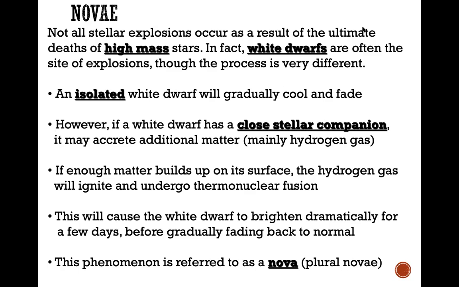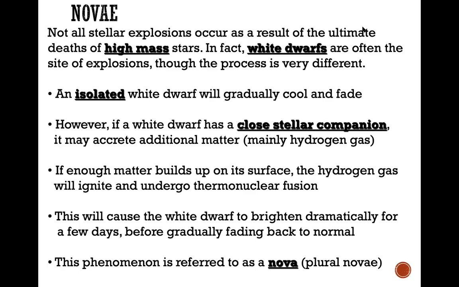So what will happen is, when you have a white dwarf star and a close by star, so basically there are two stars, right? There will be a white dwarf star and there will be a closer companion, which is not a white dwarf but some kind of a star nearby, right? Then the white dwarf star will try to accrete additional matter from this nearby star.